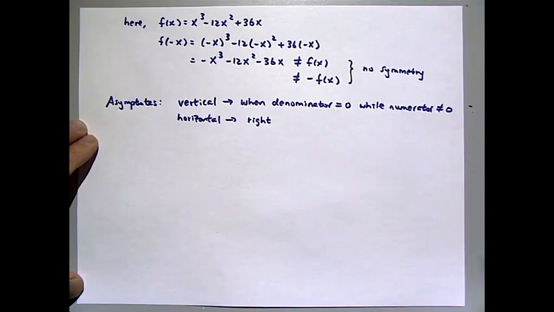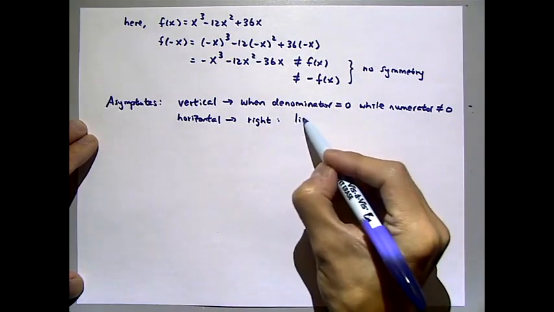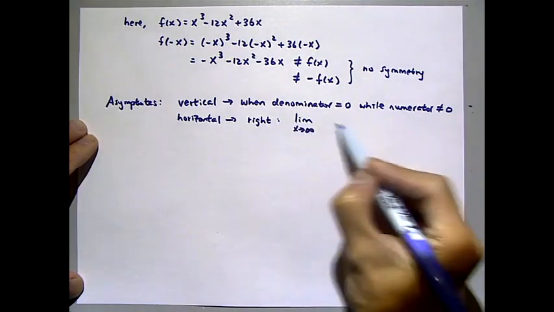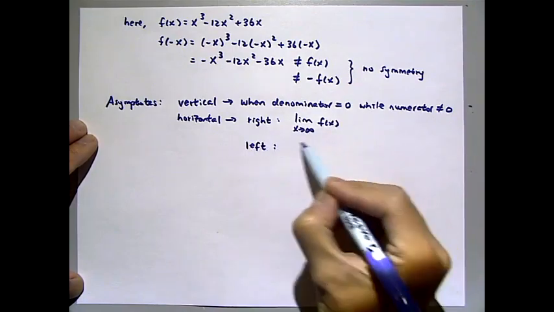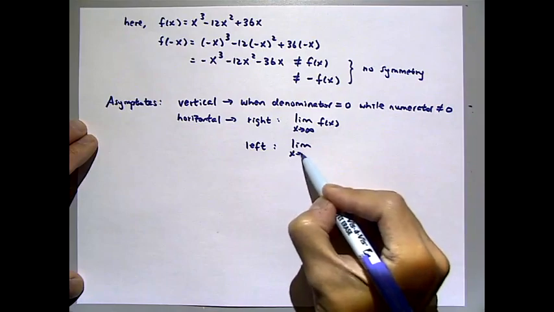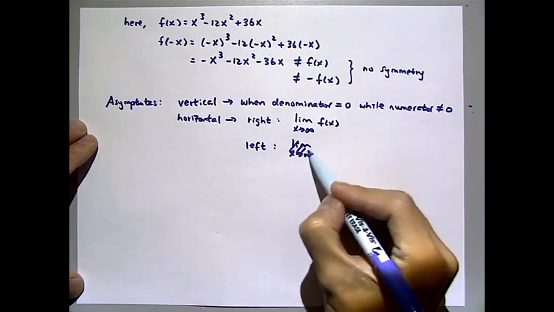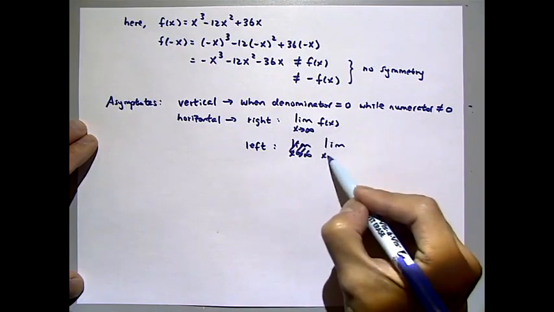For the right horizontal asymptote, we take the limit to infinity. For the left, we take it to negative infinity.